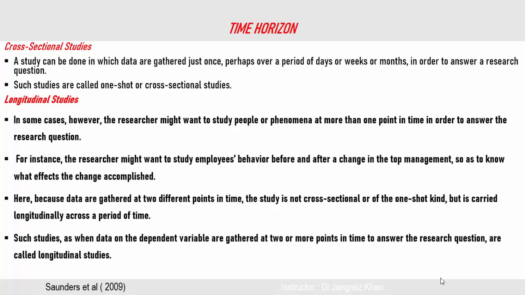A study can be done with data which is gathered just at once, or perhaps over a period of days, weeks, or months, in order to answer research questions. Such type of data is called one-shot or cross-sectional data. The data which is collected at a point of time is known as cross-sectional data, and such studies are called cross-sectional studies.